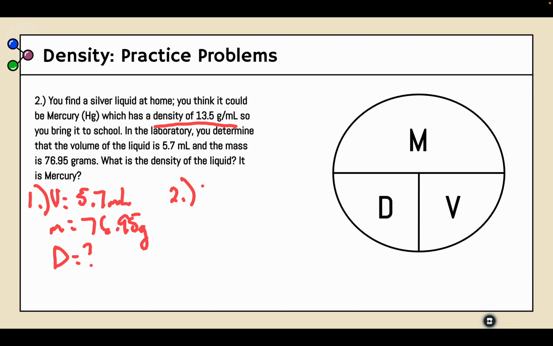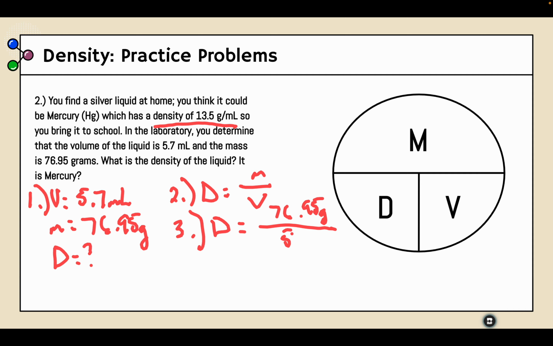So step 2, write my equation, which we know by now, hopefully, is mass divided by volume. Step 3, I plug in the values. So I have 76.95 grams, all over 5.7 milliliters. So in my 4th step, I simply divide those values.